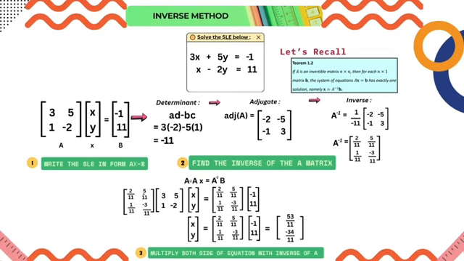On the left hand side, A inverse times A gives the identity, and [x; y] remains the same, equal to the right hand side, which is A inverse times B as in the general formula. So the answer becomes 53 over 11 and -34 over 11. The conclusion is x equals 53 over 11 and y equals -34 over 11.